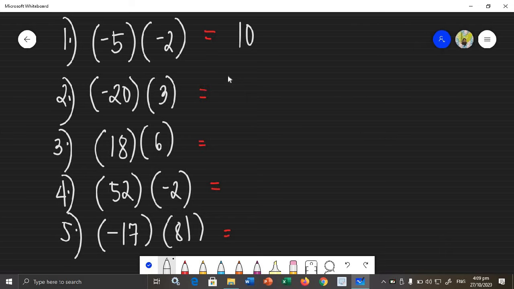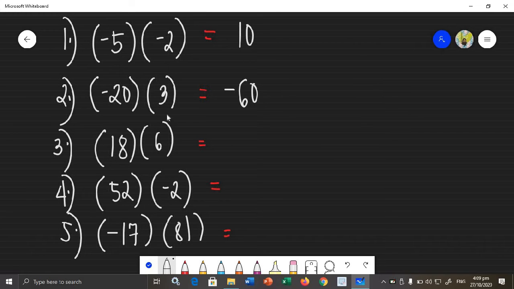How about number 2? As you can see, 20 is negative, but 3 is positive. Therefore, we go to the second rule: if the given have different signs, the product is negative. 20 times 3 is 60. The answer in example number 2 is negative 60. Why is it negative? The given have different signs.